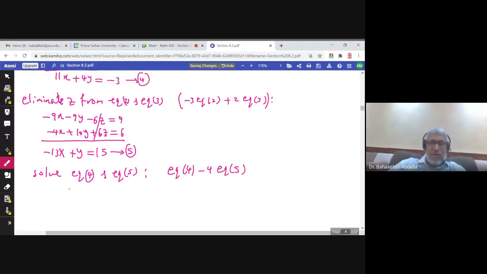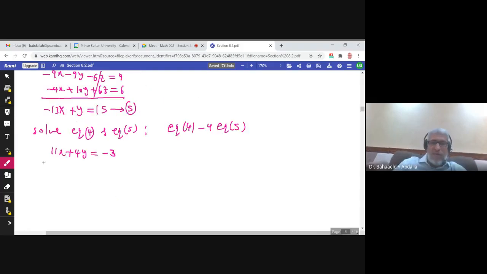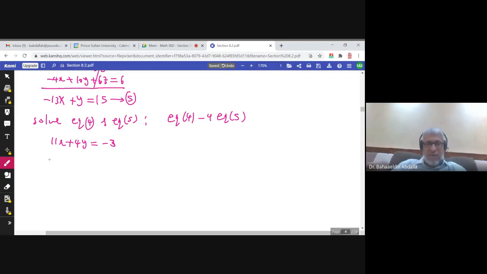So I will write equation 4 as it is: 11x plus 4y equals to -3. But I will multiply equation 5 by -4. So I will have -4 times -13. This will give you 52.